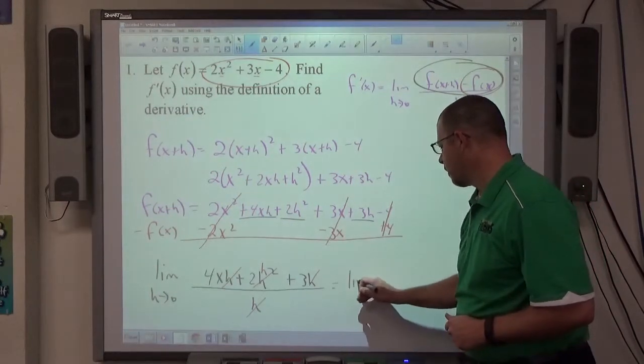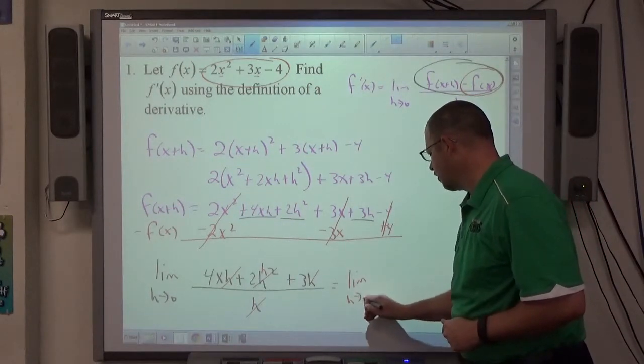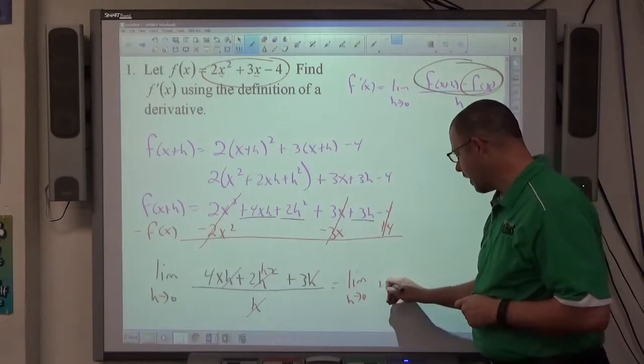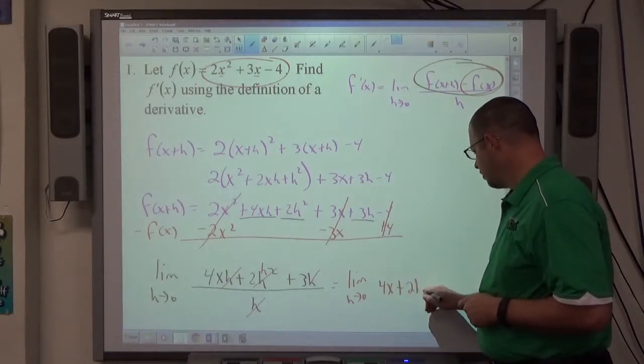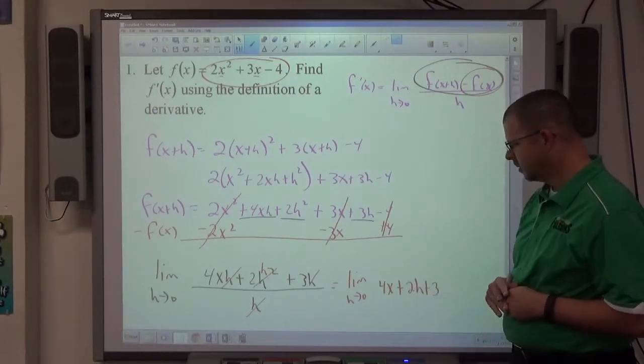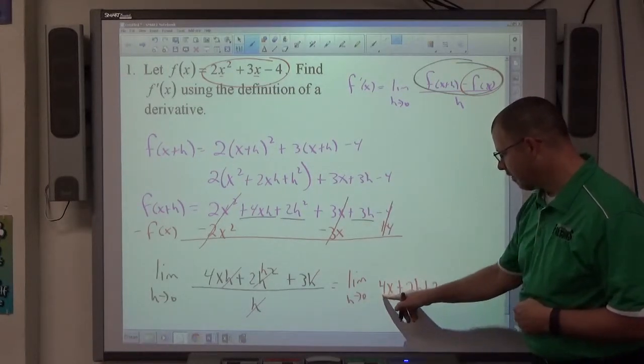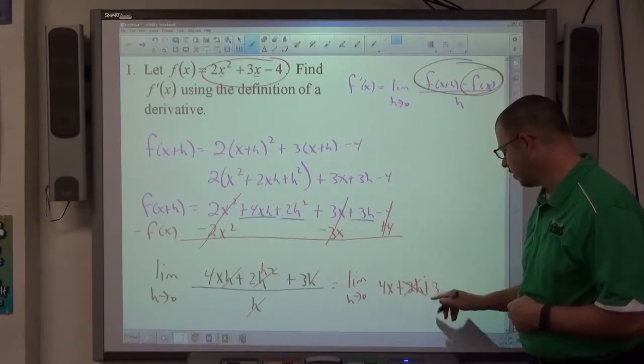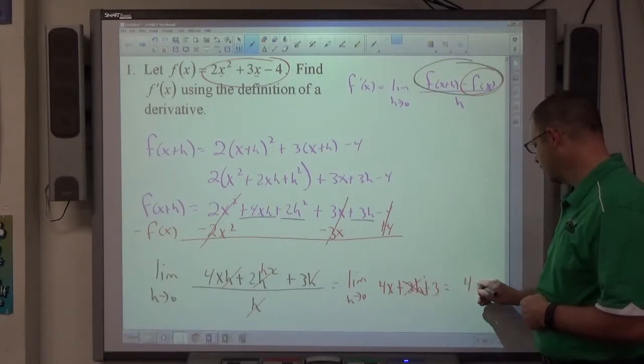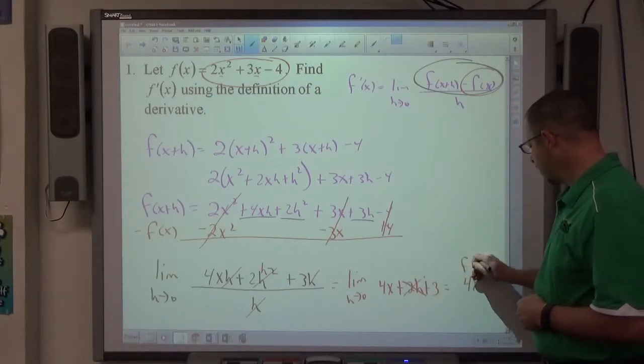That leaves me with the limit as h approaches 0 of 4x plus 2h plus 3. And at this point, if you substitute 0 in because we're not dividing by 0, 4x is fine, 2h disappears, and 3 is fine, so we're going to end up with 4x plus 3 as f prime of x.